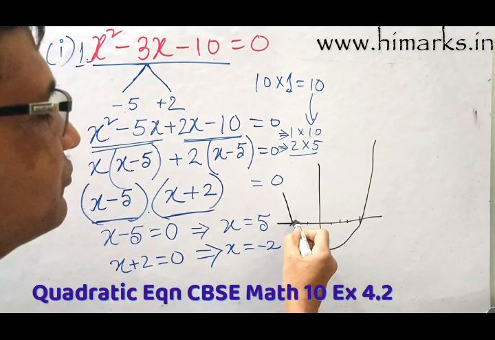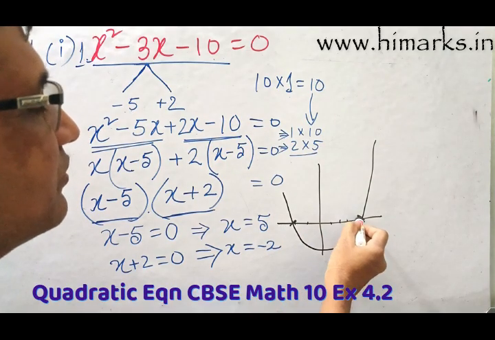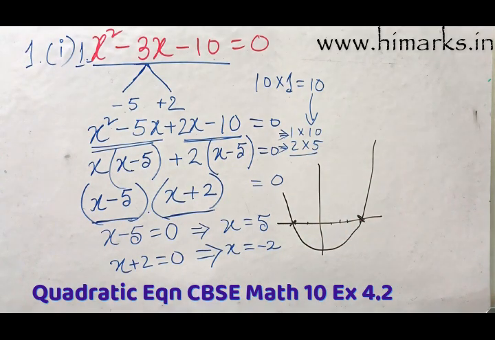Minus 2 is one solution and 5 is the other solution. This is the meaning of finding the root of the equation, and see how beautifully the middle factor method has given the two solution points, 5 and minus 2. This is finding roots by the middle factor method.